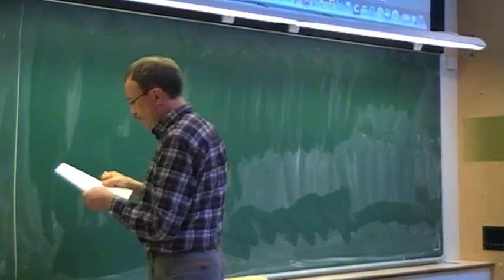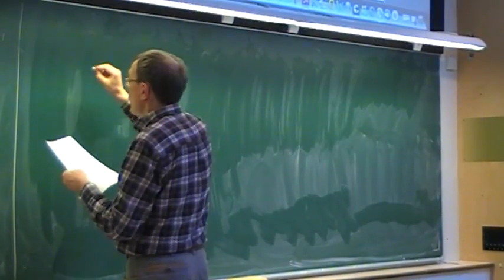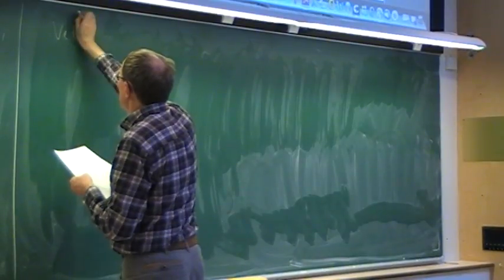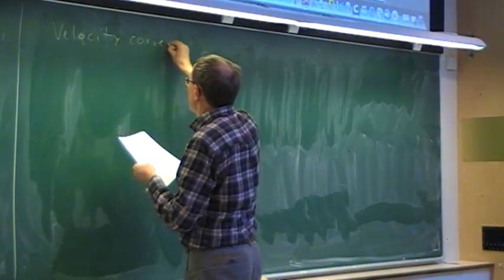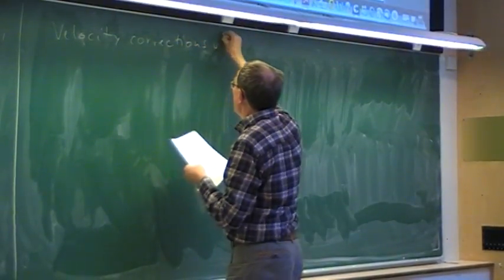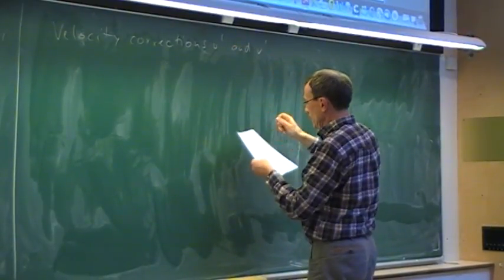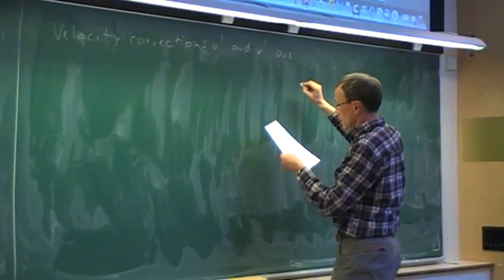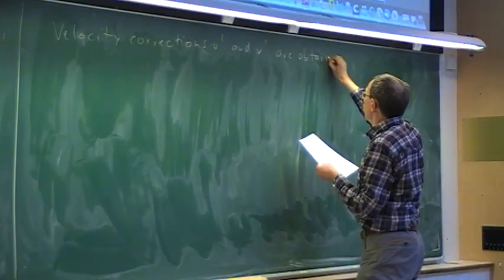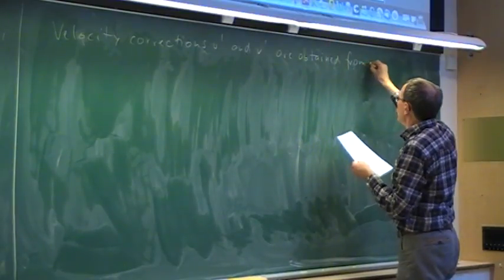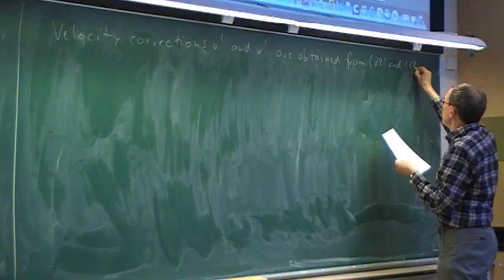So with the pressure correction P prime, the velocity corrections U prime and V prime are obtained from equations 22 and 23.